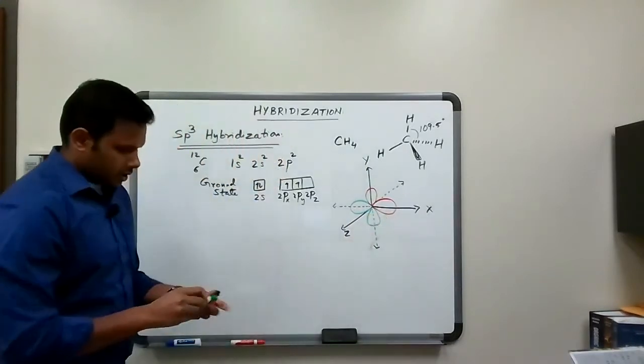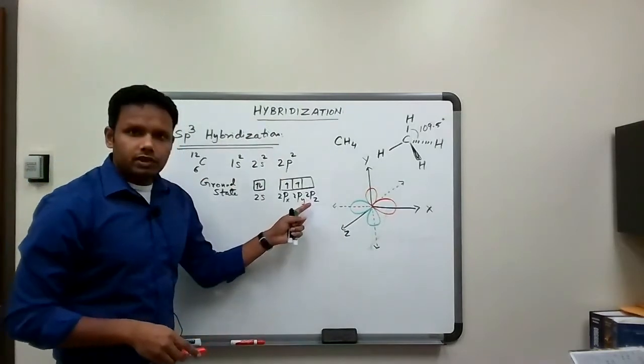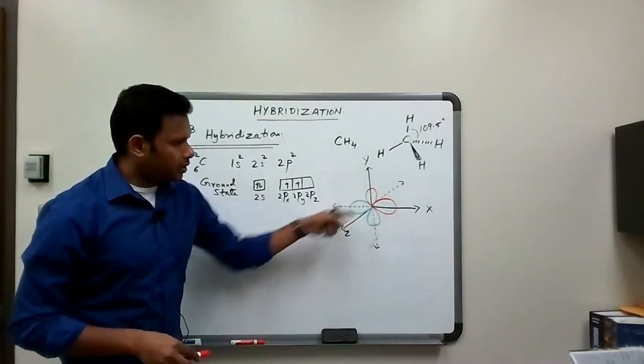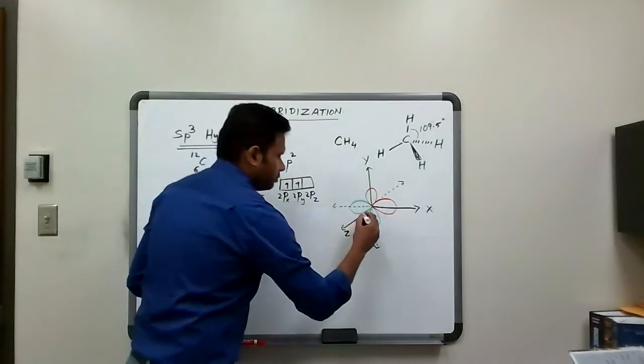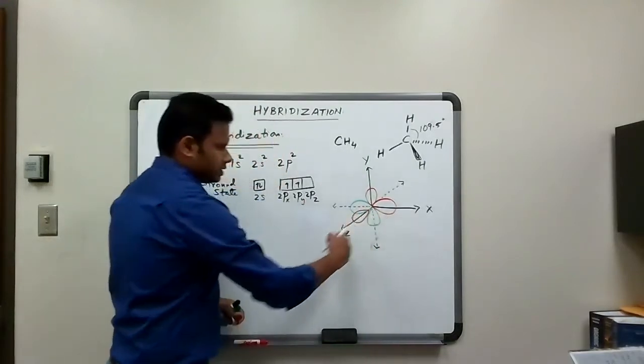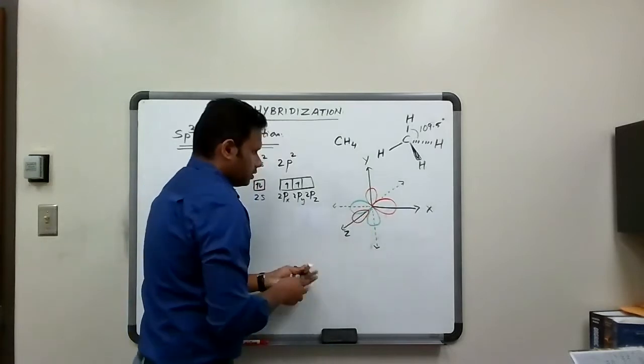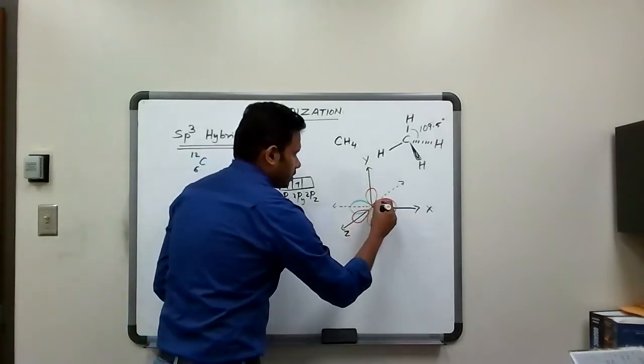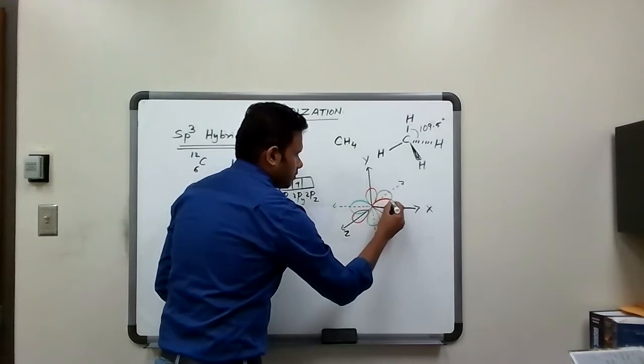And pz would then imply that one lobe is along the plus z axis, coming toward us, and the other lobe is along the minus z.